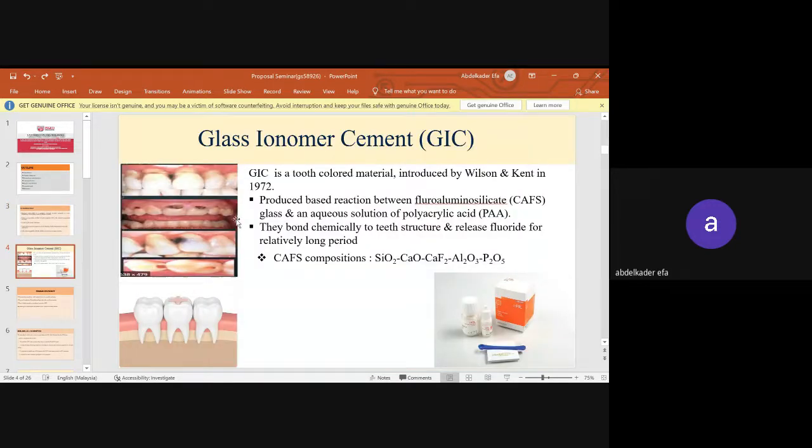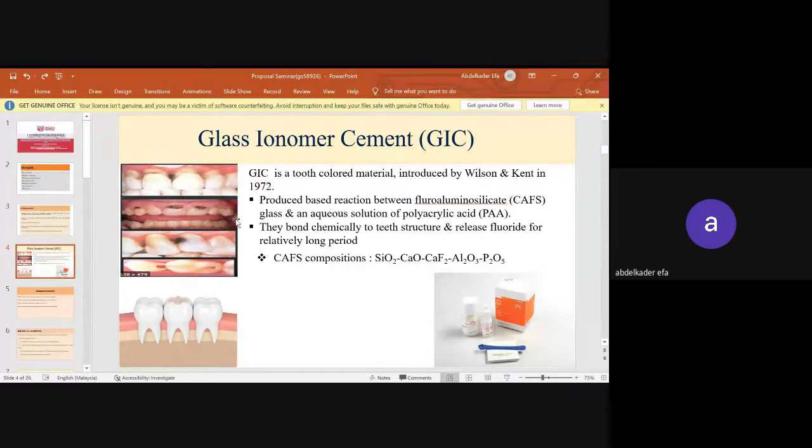Glass ionomer cement is primarily used in the prevention of dental caries. This dental material has good adhesive bond properties to tooth structure, allowing it to form a tight seal between the internal structures of the tooth and the surrounding environment.